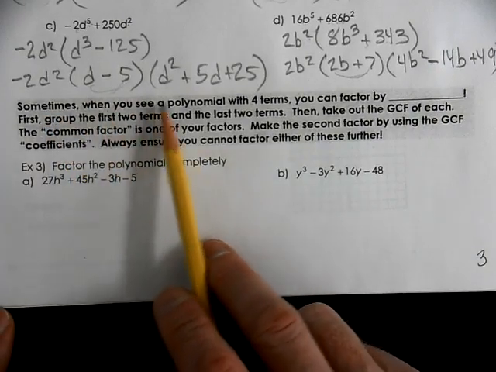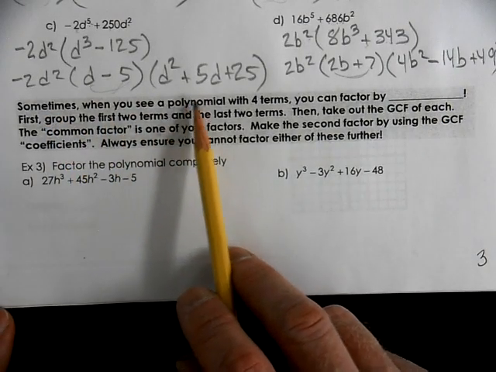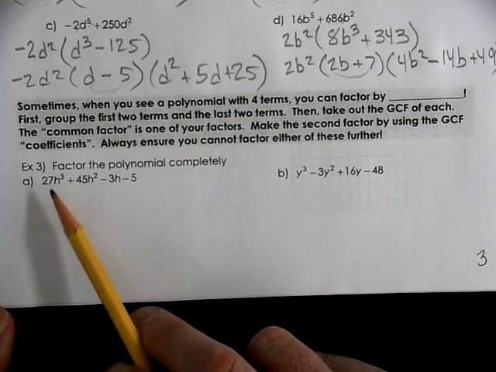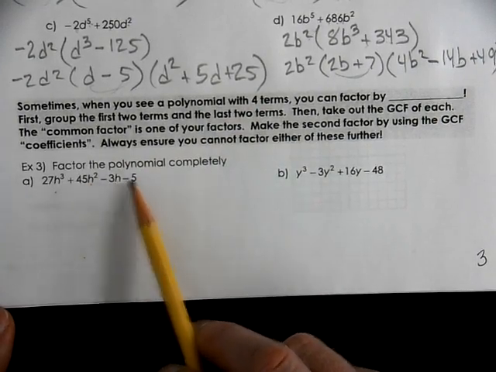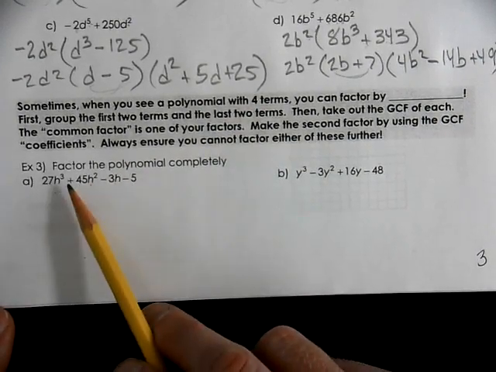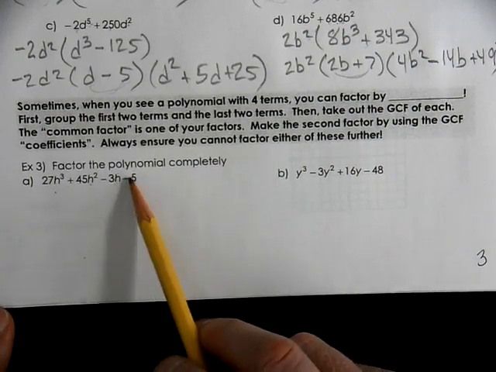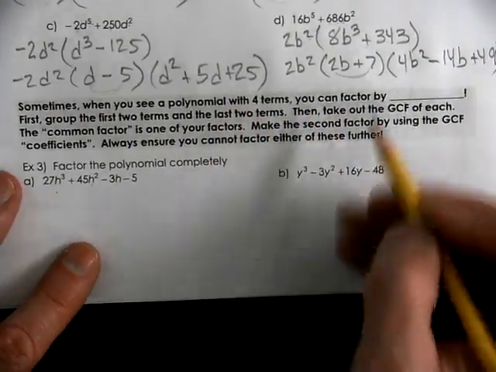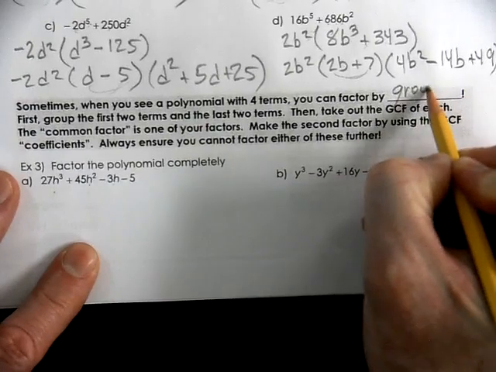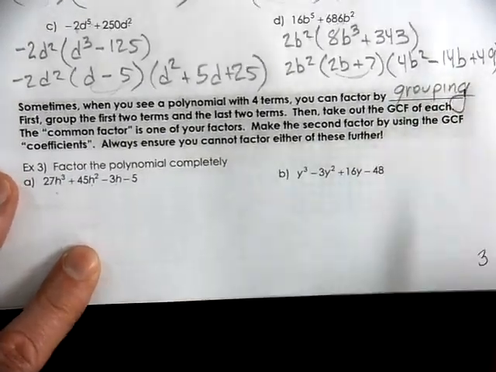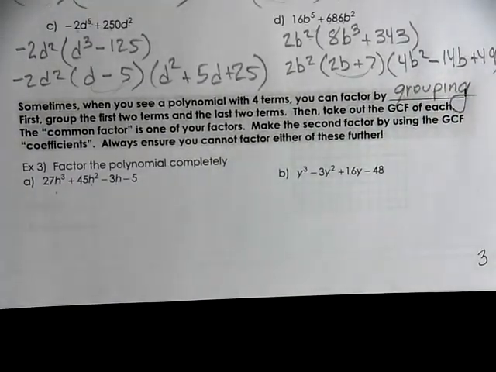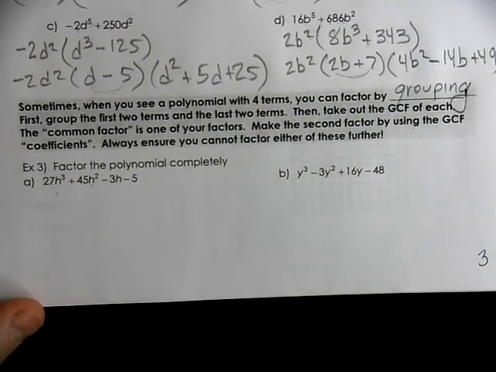Sometimes when you see a polynomial with 4 terms, 1, 2, 3, 4 terms, this is a cubic, would have 4 terms, you can factor it by grouping. Doesn't always work, but for some types of problems it works.